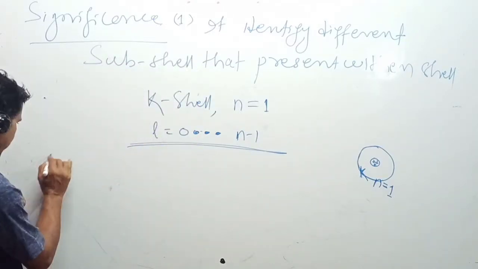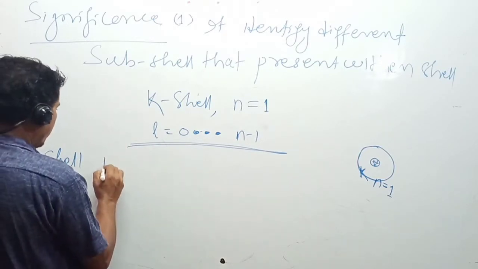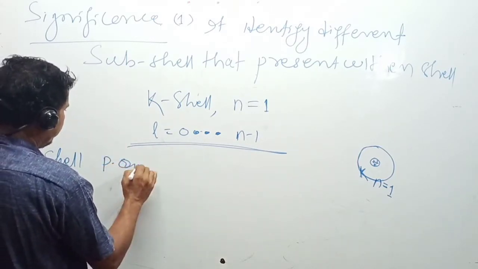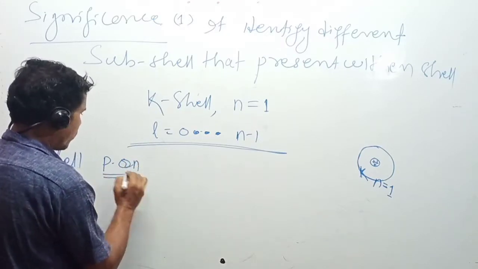So first write down the cell, then the principal quantum number, as it depends on the principal quantum number.